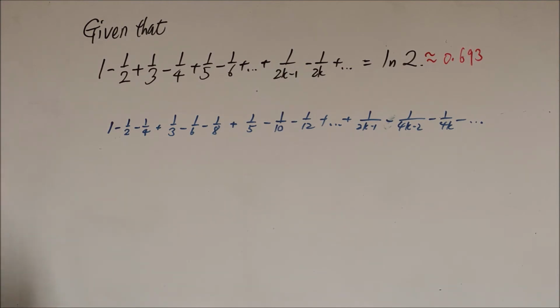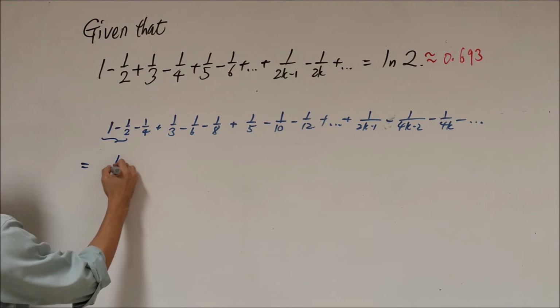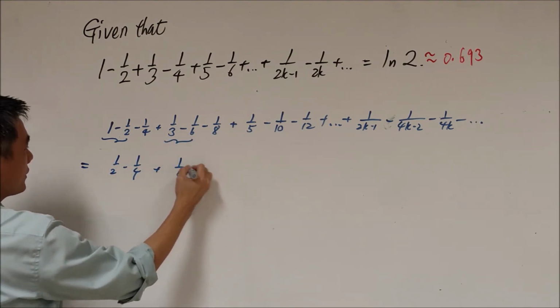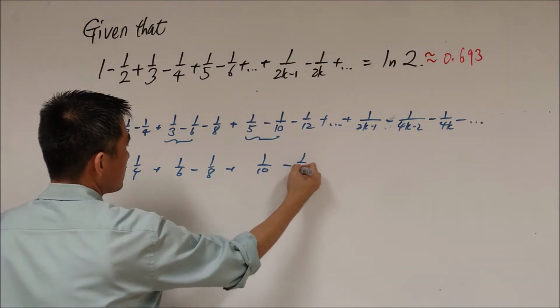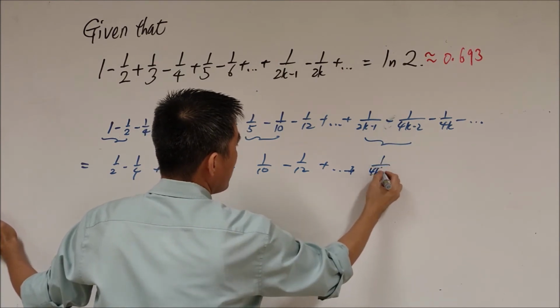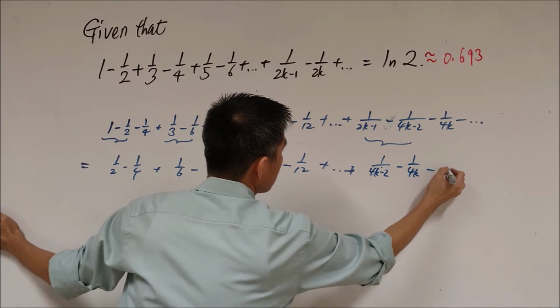So for simple calculation, we will see that this is equal to a half minus 1 over 4 plus 1 over 6 minus 1 over 8 plus 1 over 10 minus 1 over 12. And for this, this is 1 over 4k minus 2 minus 1 over 4k, and so on and so forth.